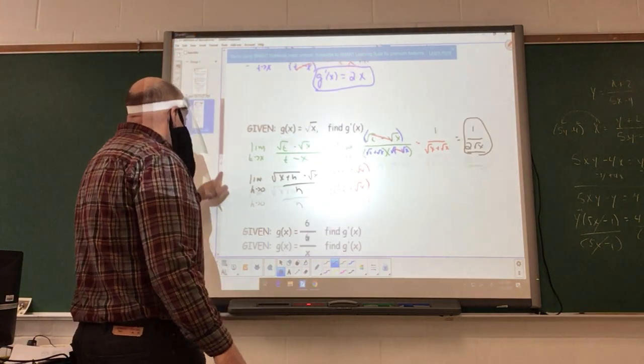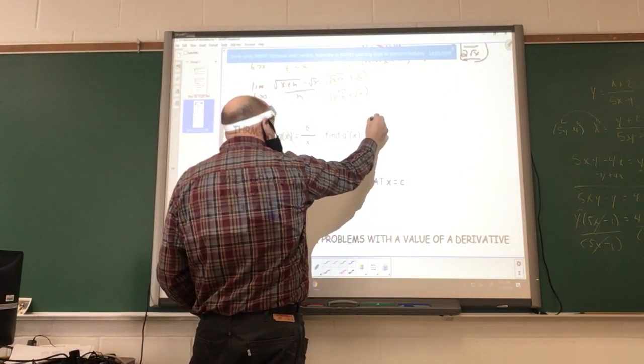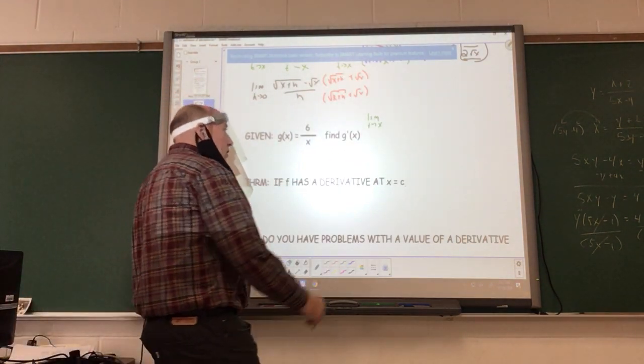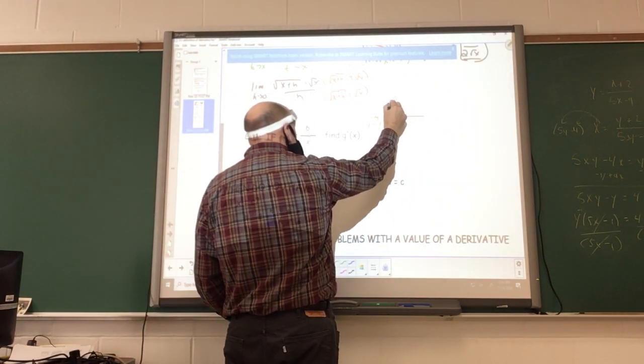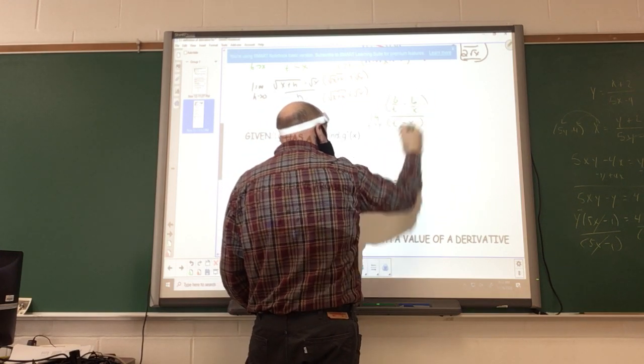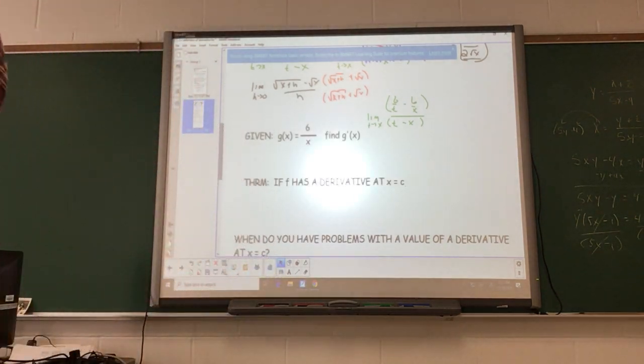We look at the next one. Limit as t is approaching x of f of t minus f of x over t minus x. You have a complex fraction multiplied by your common denominator. Once again, this is a challenge to all the algebraic skills that you learned.